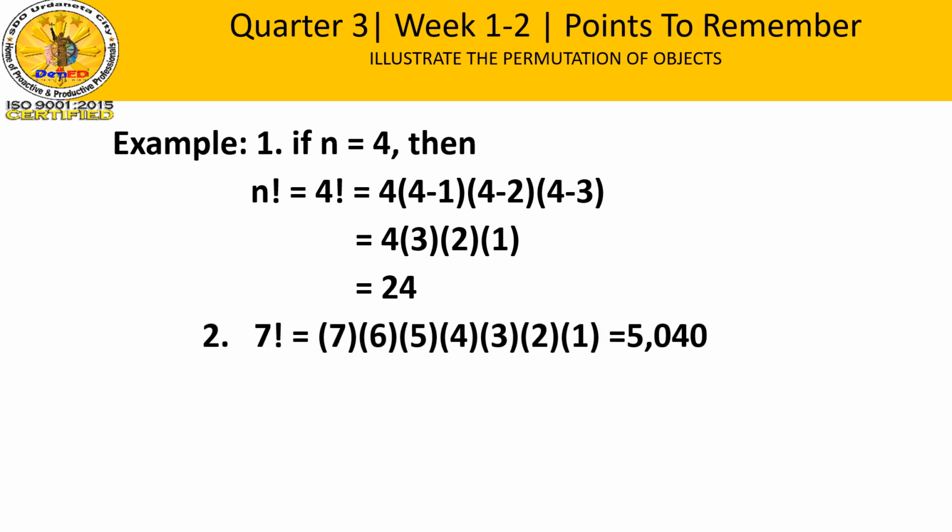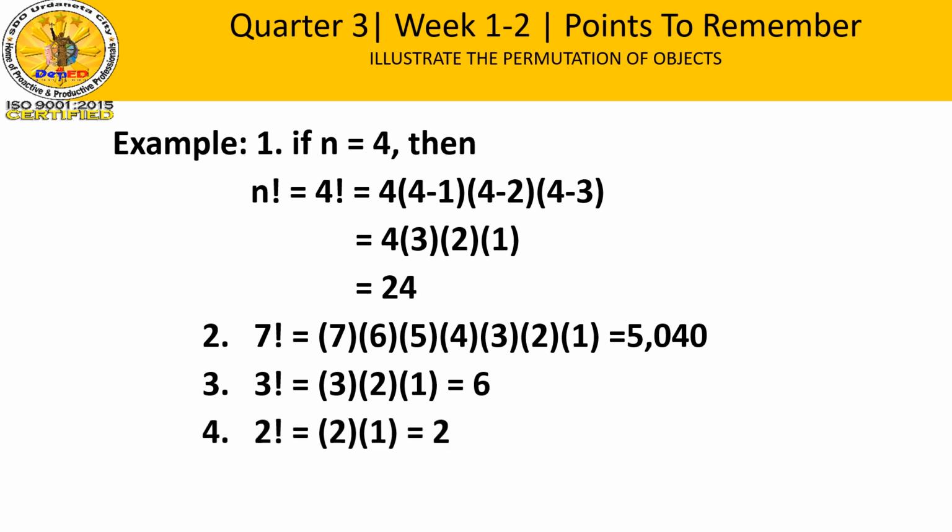Example 2: 7 factorial is equal to 7 times 6 times 5 times 4 times 3 times 2 times 1, which is equal to 5,040. Example 3: 3 factorial is equal to 3 times 2 times 1, which is equal to 6.